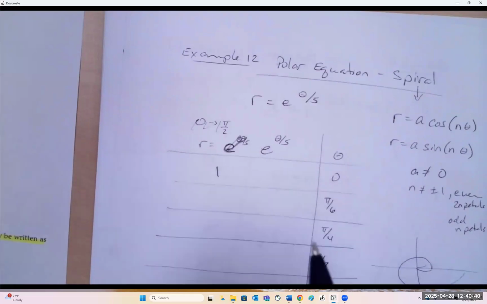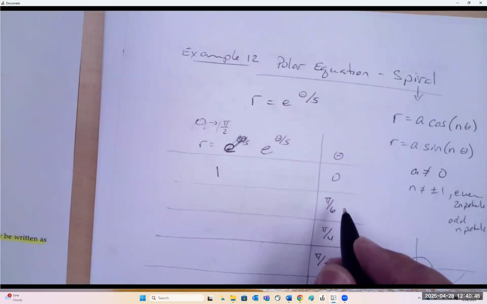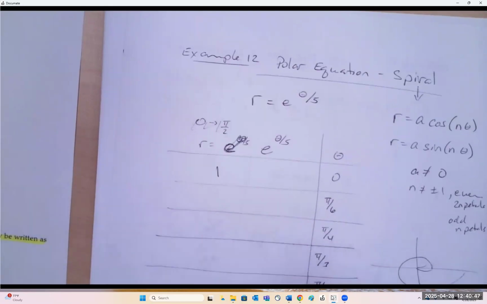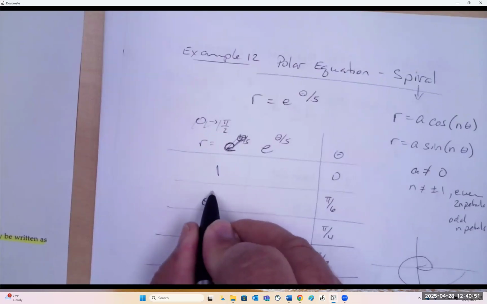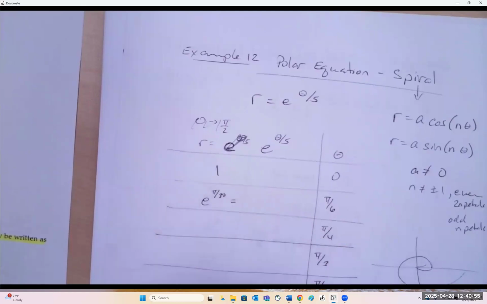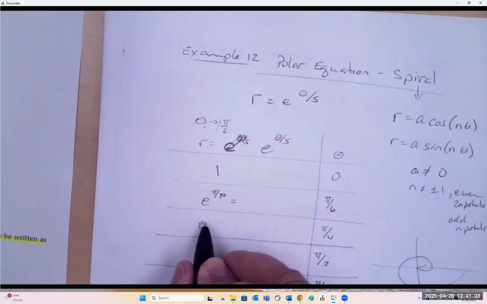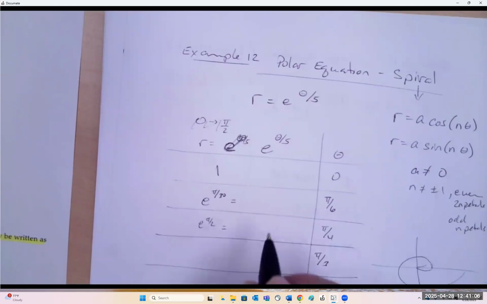So it's 0, so at pi over 6, it's pi over 30, E to the pi over 30. Pi over 4, so it's E to the pi over 20. 1.17.